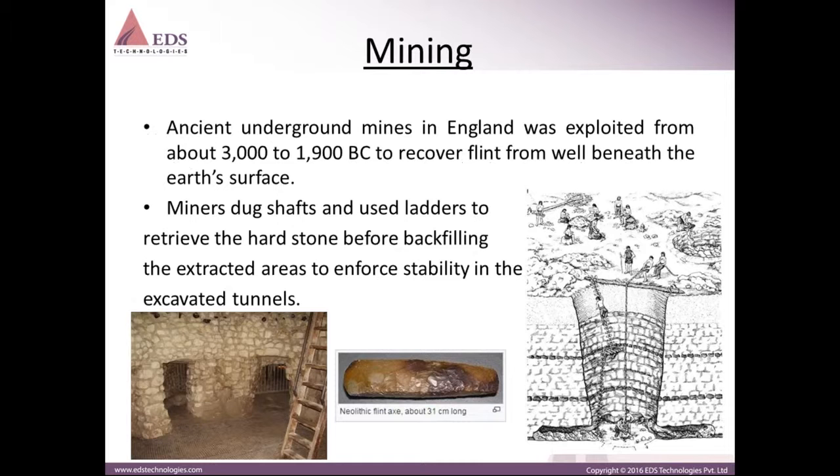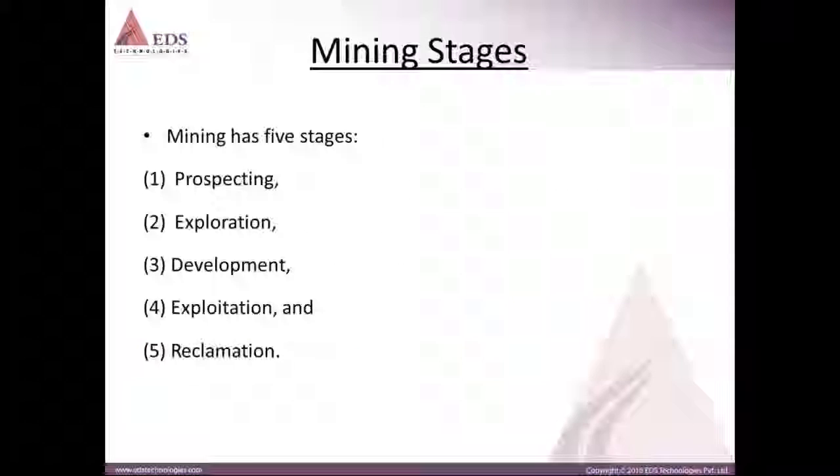We know that the ancient mine was in England, which was exploited about 3000 to 1900 BC to recover flint. That's the first mine, and that too was an underground mine. And while mining, we have 5 stages. One is prospecting, to see whether any mineral is there below the subsurface or not.